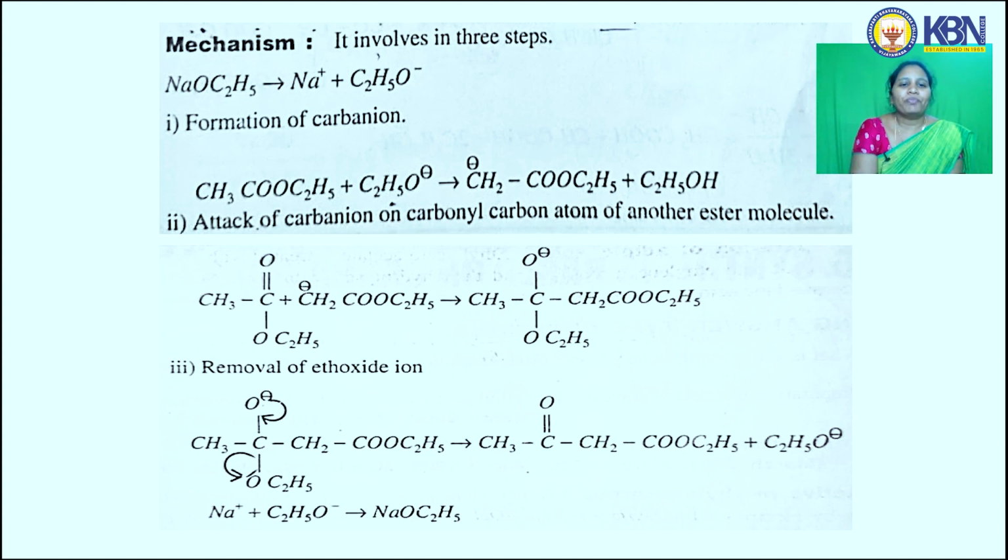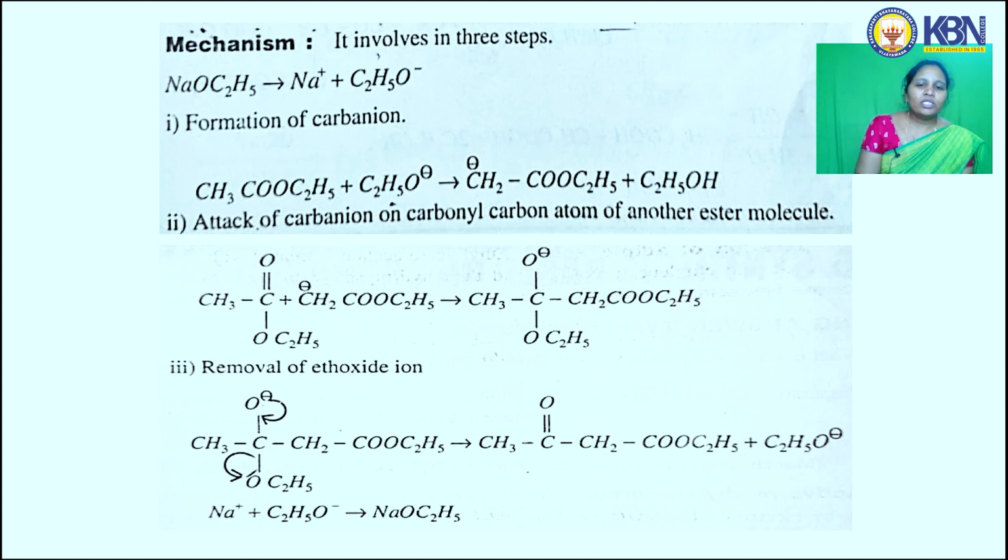In the second step, attack of the carbanion on the carbonyl carbon atom of another ester molecule takes place. This carbanion formed in the first step attacks the carbonyl group of the other ester molecule, which results in the formation of an anion. In the third step, removal of the ethoxide ion from the anion takes place, resulting in the formation of a beta keto ester.